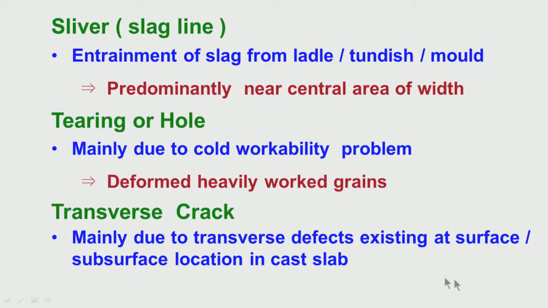Along with transverse cracks, you might find some powder entrapment also, so cracks along with entrapment. Sometimes you find a crack and do not find any entrapment, whether from slag, alumina, other sources, or even refractory erosion; these are the common entrapments. Sometimes you find only a crack, sometimes a crack associated with entrapments, which means the entrapment was possibly responsible and then the crack formed.